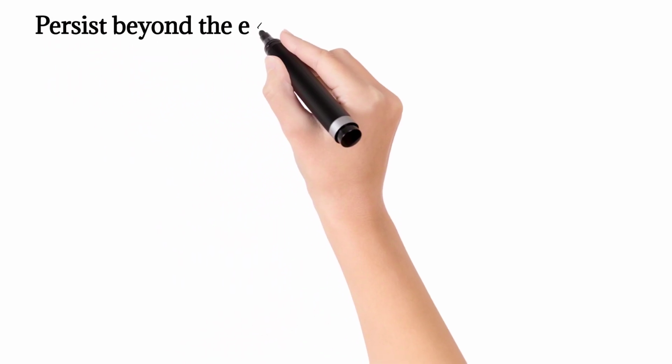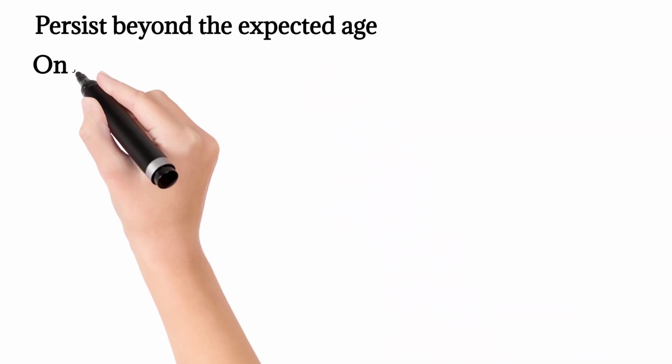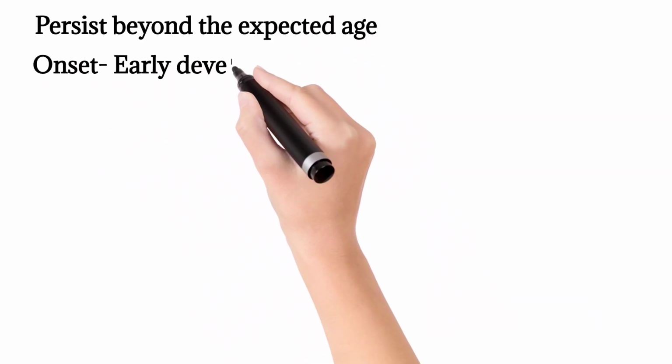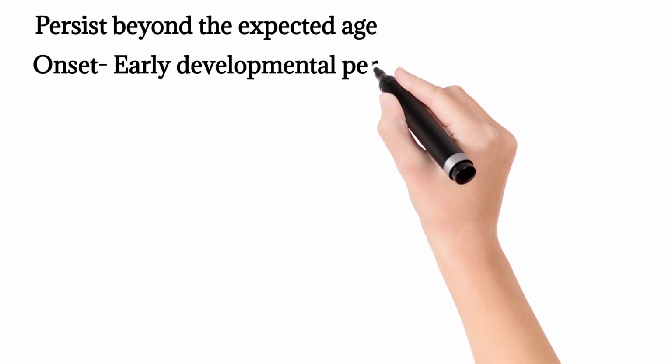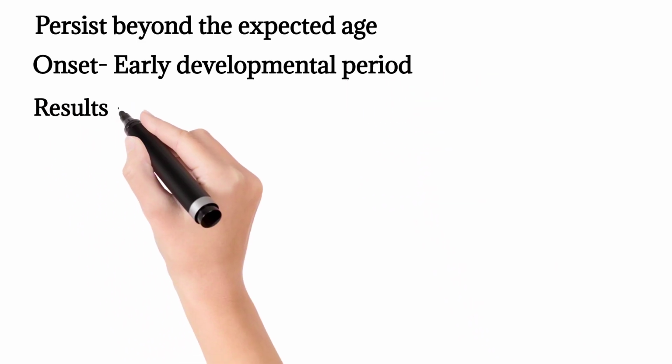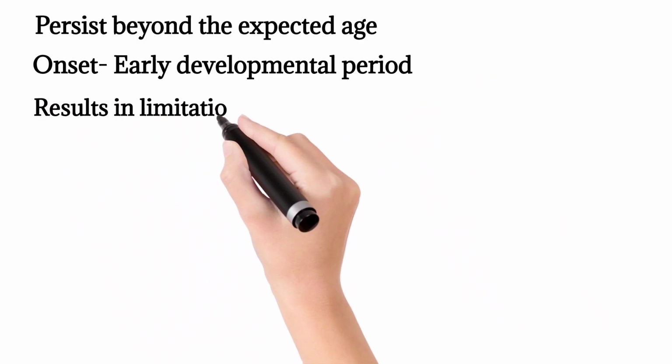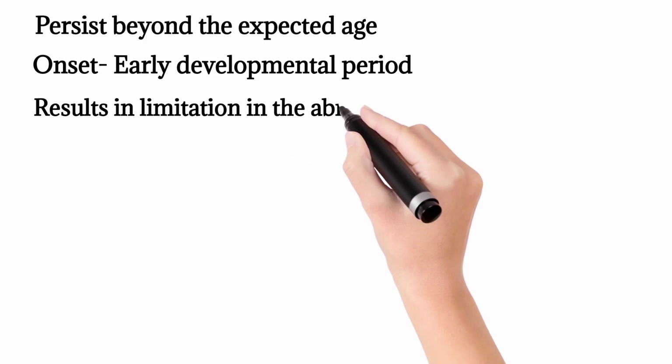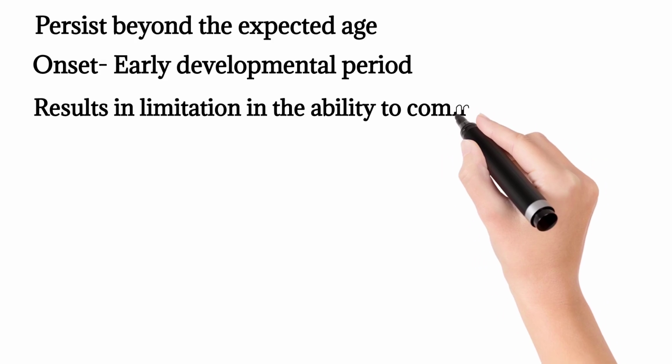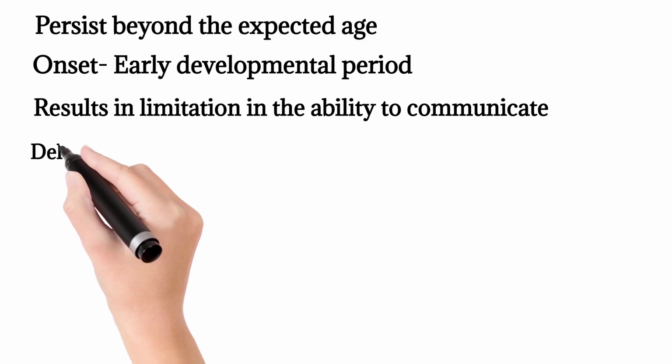So it will persist beyond the expected age, and onset of speech sound difficulties occurs during the early developmental period, and it results in significant limitation in the ability to communicate due to reduced intelligibility of the speech.